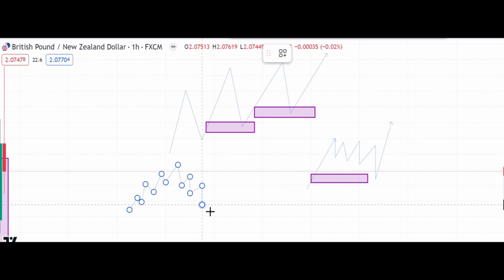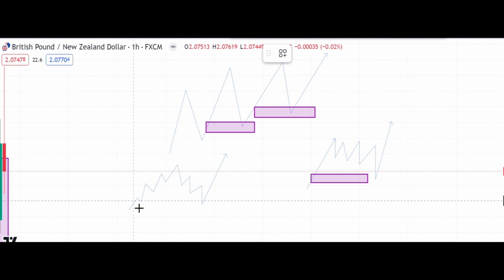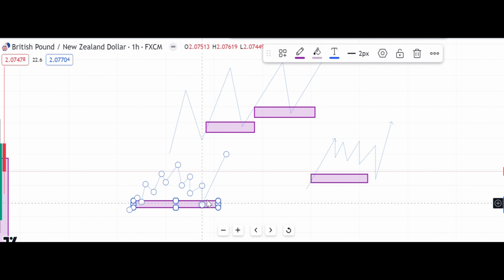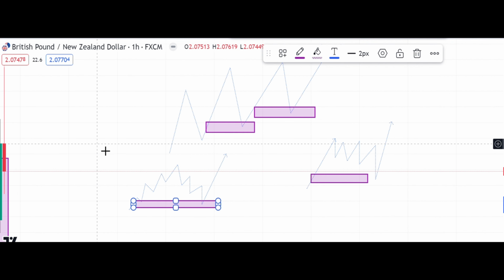Then grab all the liquidity around there and then move up. So this is where the order block is. You will see how the pullback swept all these inducements, which is a form of liquidity, swept it, then move up. So let me show you what I'm talking about on the chart.